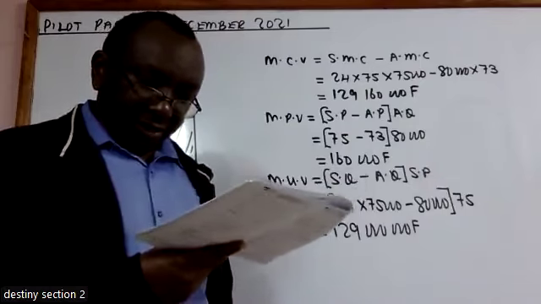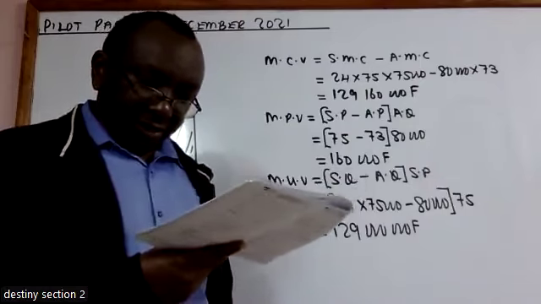Then you come here and say 72 equals a plus 9 times 5.5.